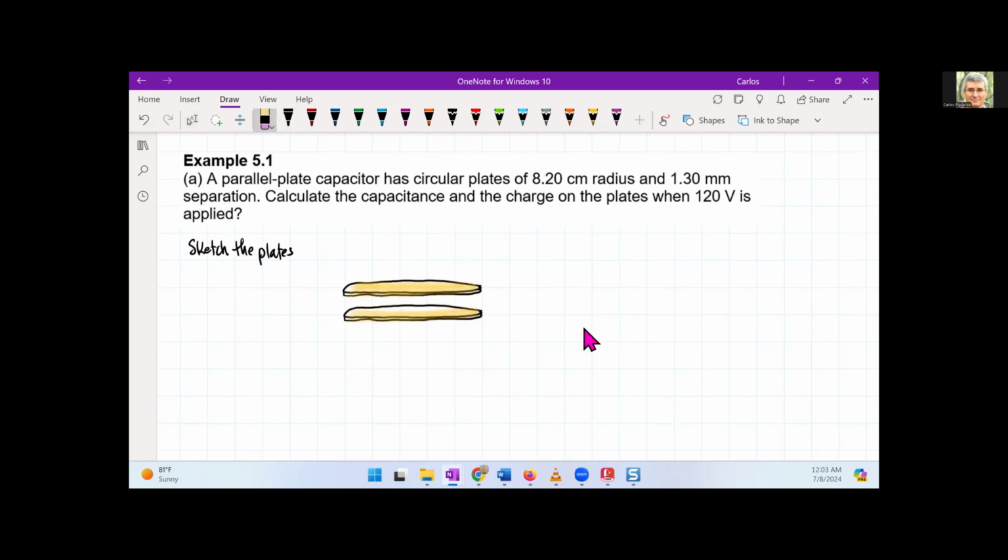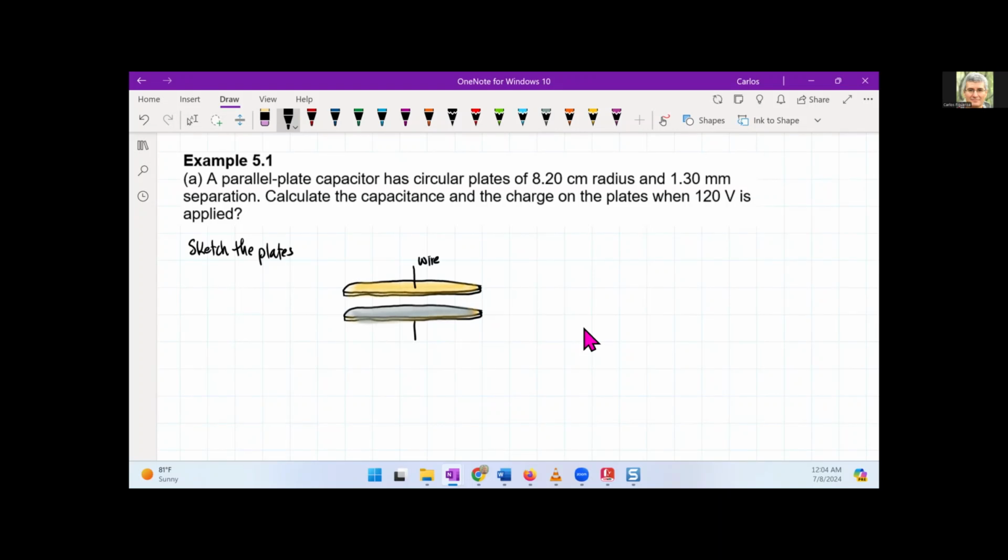When I think about these plates, I imagine that I have an upper and a lower, using the same colors that I've been doing before. And then I have a wire that's coming in and one that's down at the bottom. So here's my wire.